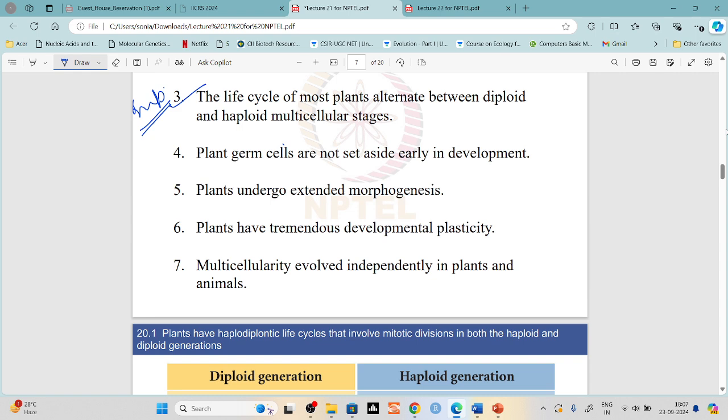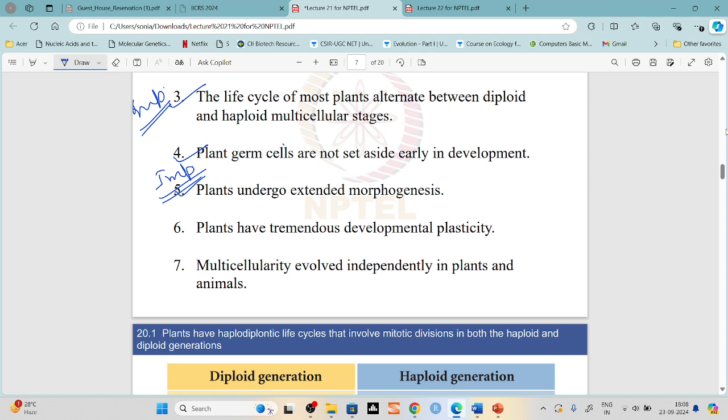Then, plant germ cells are not set aside early in development. Then, plants undergo extended morphogenesis. This is again a very important point. What does it mean? For example, in humans, after a child is born, morphogenesis in terms of new organ formation doesn't take place.